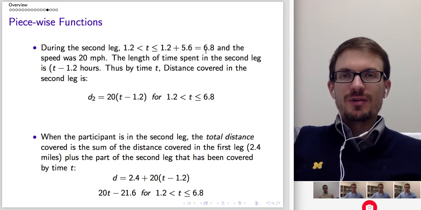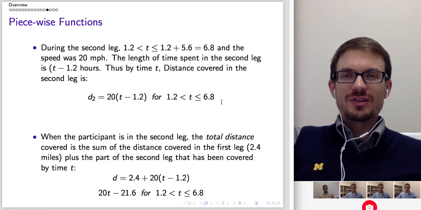So this is going to be an upper bound of 6.8 hours. So between the time that 1.2 hours has elapsed on the clock and 6.8 hours has elapsed, the participant is on the second leg. Before 1.2, they are on the first leg.